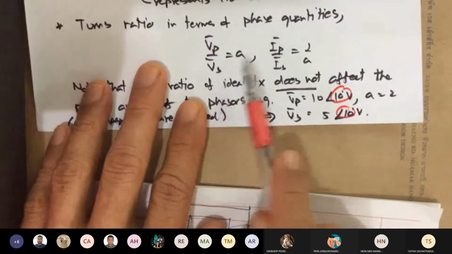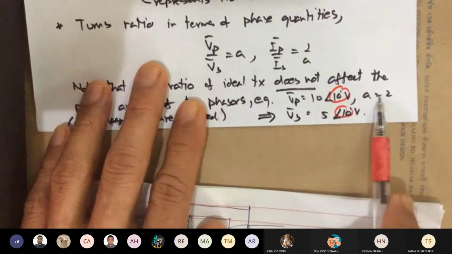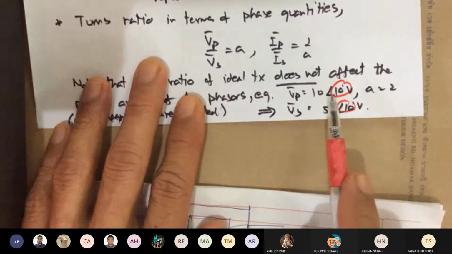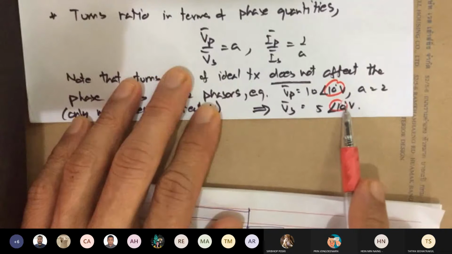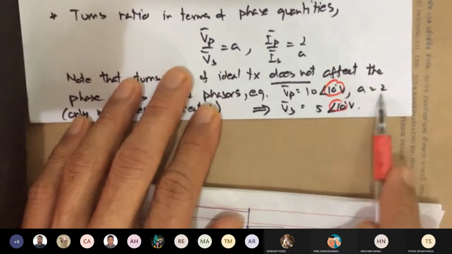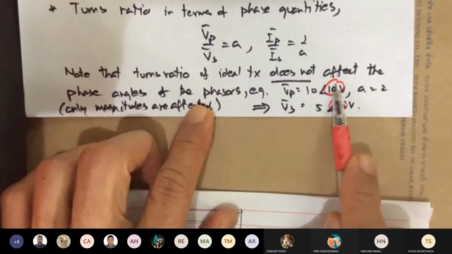In this case, VS is VP over A, so 10 over 2 is 5, while your angle remains the same at 10 degrees. So your turns ratio doesn't involve changing the angle of the phasor.